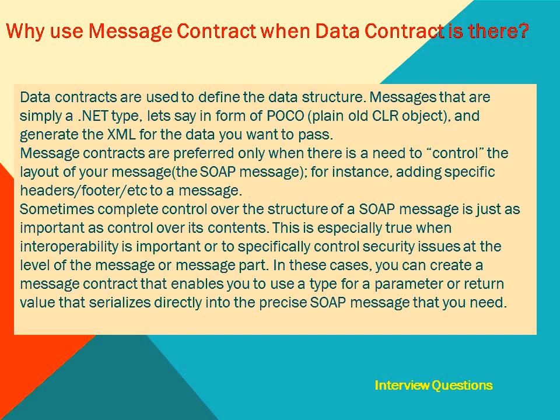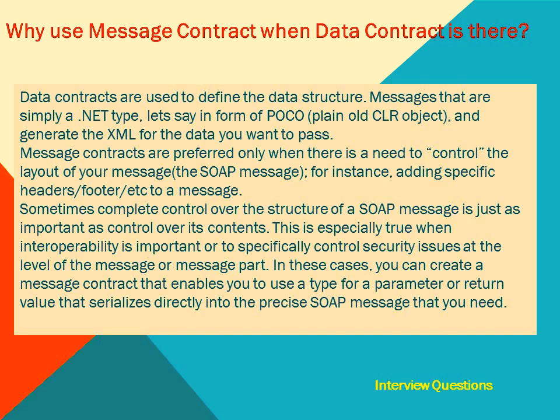Message contracts are preferred only when there is a need to control the layout of your message, for instance, adding specific headers, footers, etc. to a message. Sometimes complete control over the structure of a SOAP message is just as important as control over its content.